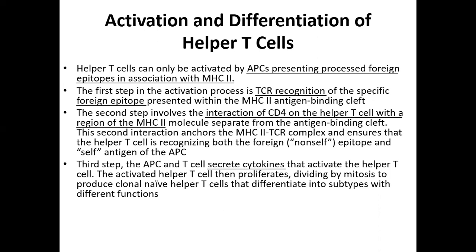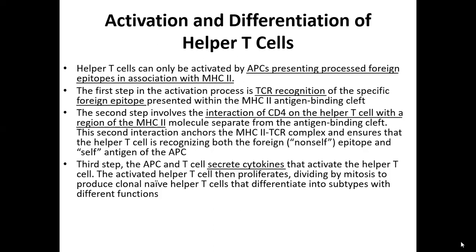Activation and differentiation of helper T cells. T cells can be T helper, CD4 cells, or T killer, CD8 cells. The T helper is a cell which interacts with the APC, the antigen presenting cell, and they are in the first line of inducing the adaptive immune response, because they interact with the antigen presenting cell and recognize new antigen in the MHC class II receptor of the APC.